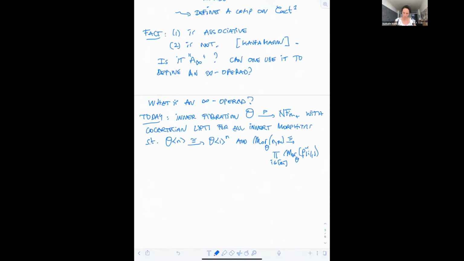So if we could try to unpack roughly what this means, well, roughly you have O, which is an infinity category. You choose your model, but some sort of A infinity category.